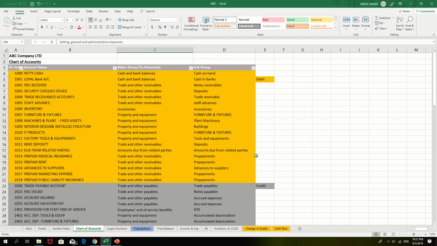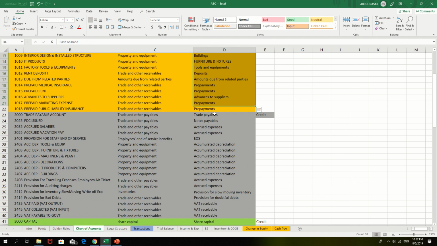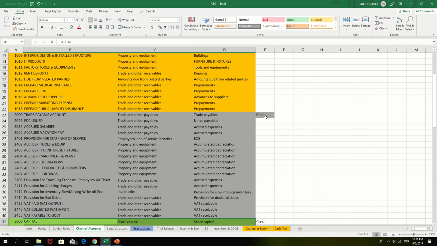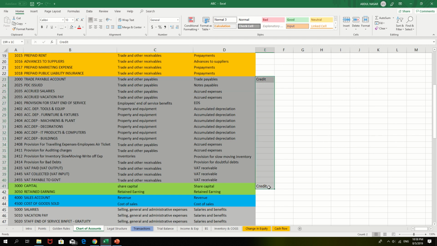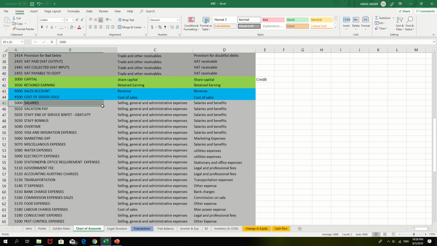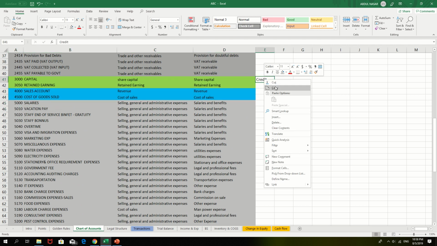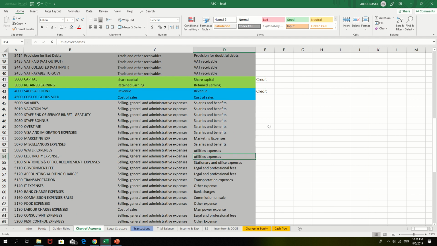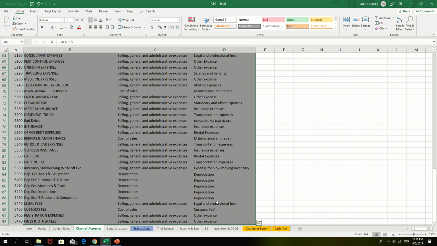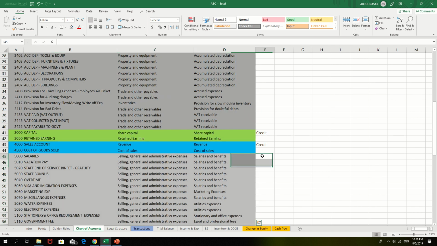Capital is the same as liabilities, we will credit. Any increase in revenue will also be credited, and any increase in expenses, all those expense accounts will be debited.